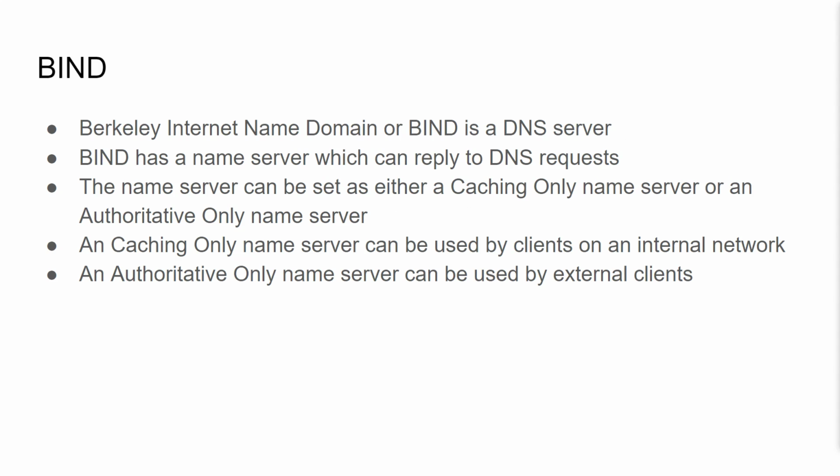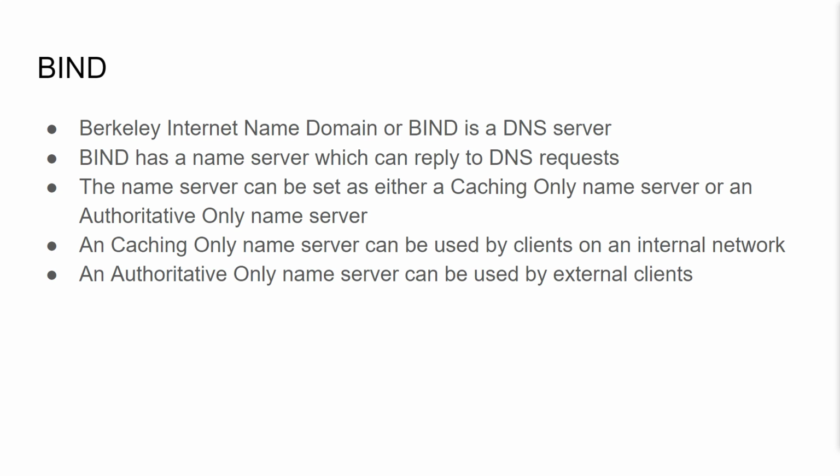Lastly, we will be talking about BIND. Berkeley Internet Name Domain, or BIND, is a DNS server. BIND is going to be used on the Linux operating system. BIND has a name server which can reply to DNS requests.